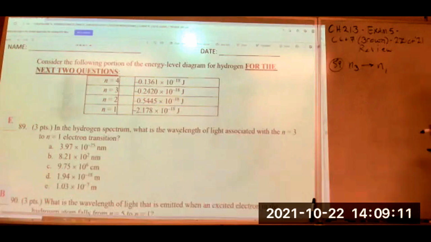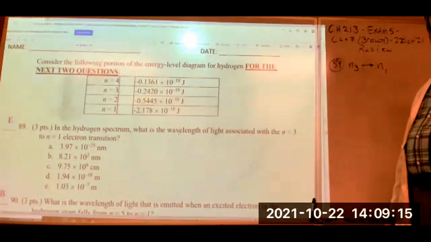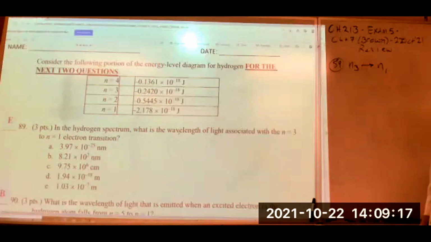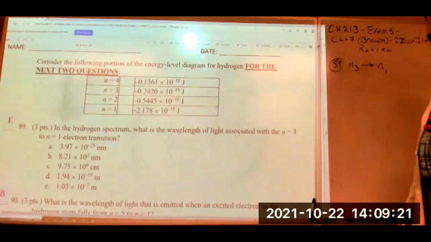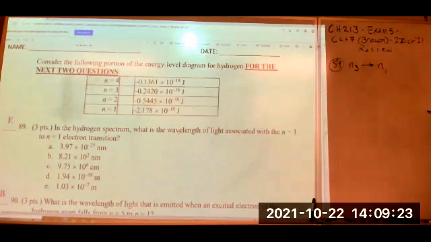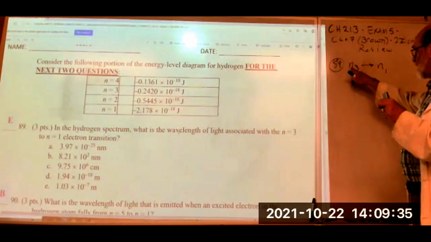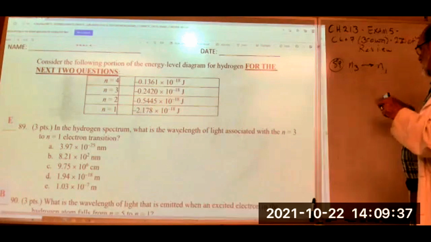Okay? You don't have to pull out that big equation, right? With a 1 over N squared minus 1 over N squared. You don't have to do that one, because you're given the values of the energy right here. So what you have to understand is the energy that's emitted is the difference between this energy level and that energy level.